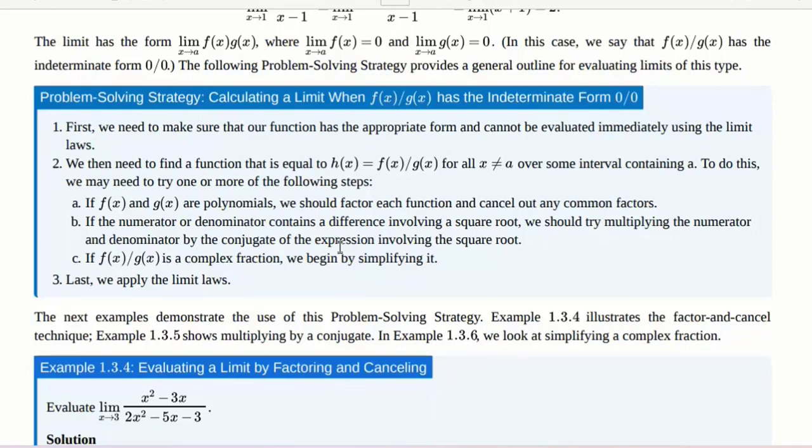It goes back to what I said: if we are able to find factors for an expression, let's write that expression in terms of factors. If they do cancel, then let them cancel before we substitute. In this case, we've got the limit of (x squared minus 3x) over (2x squared minus 5x minus 3) as x approaches positive 3.